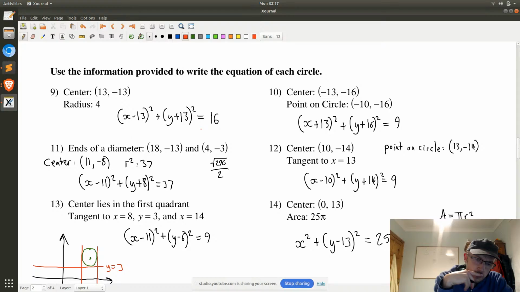No. Is that right? Yes, it is right. 4 root 74 over 2. So perplexed. Right, we need to slow down.